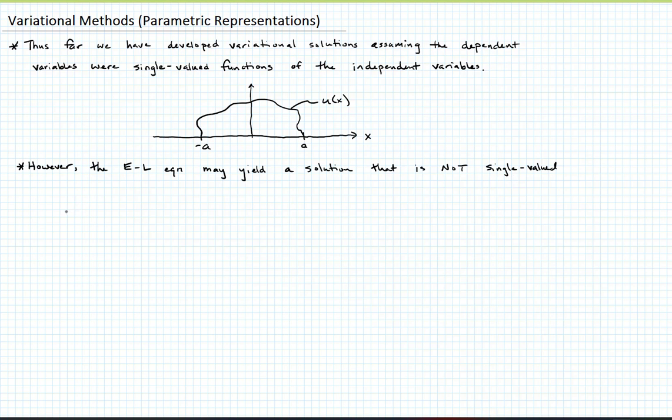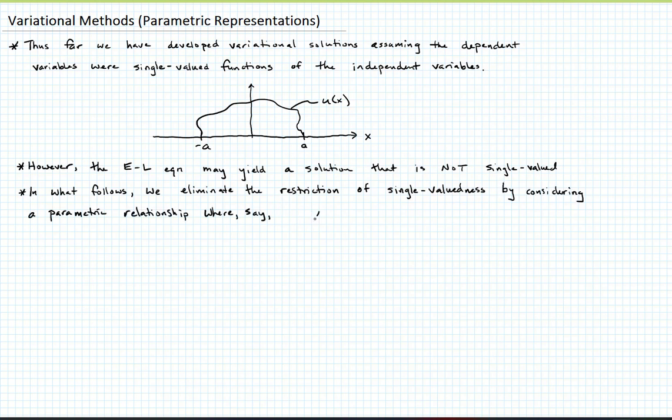What we're going to do is, in what follows here, we're going to eliminate the restriction of single-valuedness by considering a parametric relationship where, for example, let's say that x is some function of a parameter we'll call t, and u is also some function of a parameter that we'll call t, right? So those can be varied separately and independently, which allows us to handle the problem of single-valuedness.